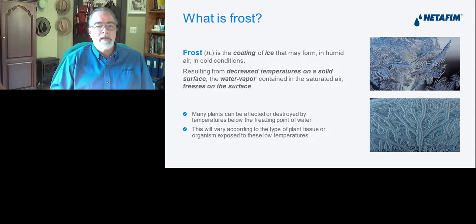Now, the challenge with frost is at certain times of the year, it can damage the tissues of the plant. It's typically the cell walls of a bud or even the flower, and we want to protect against that damage. And we can do that with a couple of different methods that we're going to discuss in this presentation.